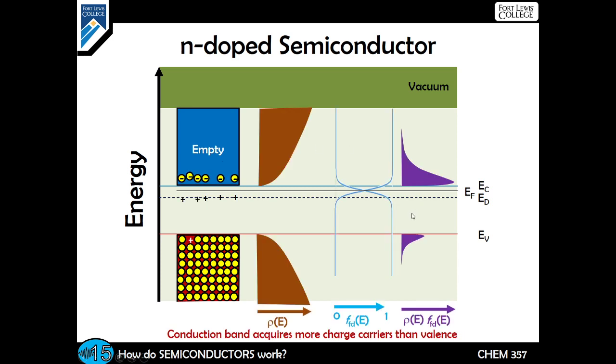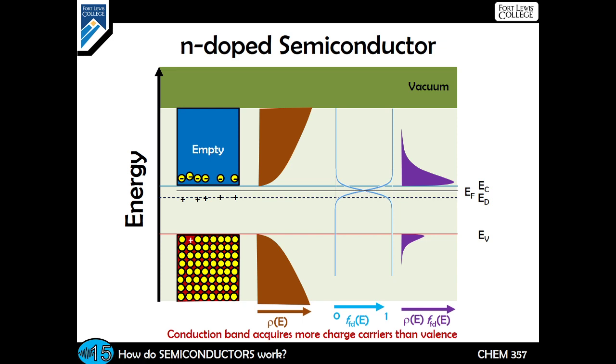And so if you draw your Fermi-Dirac distributions here, the density of states is basically the same. You haven't put so many atoms in that you've changed the band gap or the electronic properties energetically in that way, but you've just increased the Fermi energy, essentially.